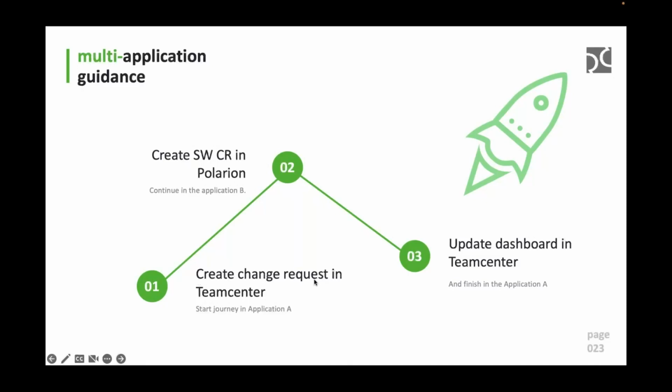I may just create a change request in Teamcenter first, then go to Polarion, create a software change request there, and go back to Teamcenter to update some specific dashboard. All these step-by-step guides that we have seen today are actually running not just in the scope of one application like Polarion, but they can also cover a multi-application or toolchain situation where the user has to work with multiple tools to perform a specific operation.